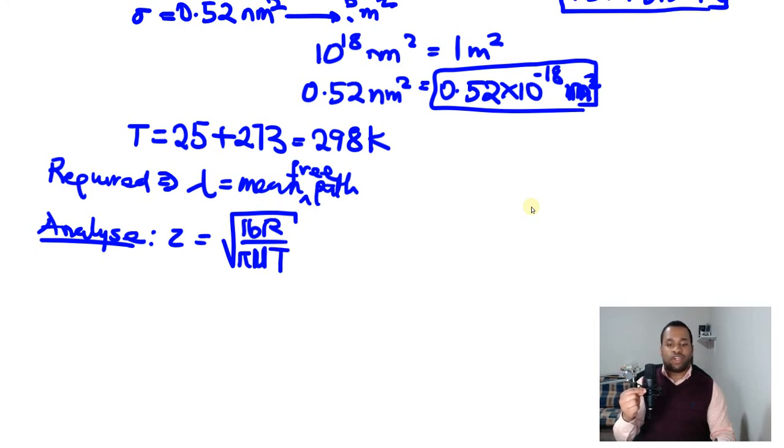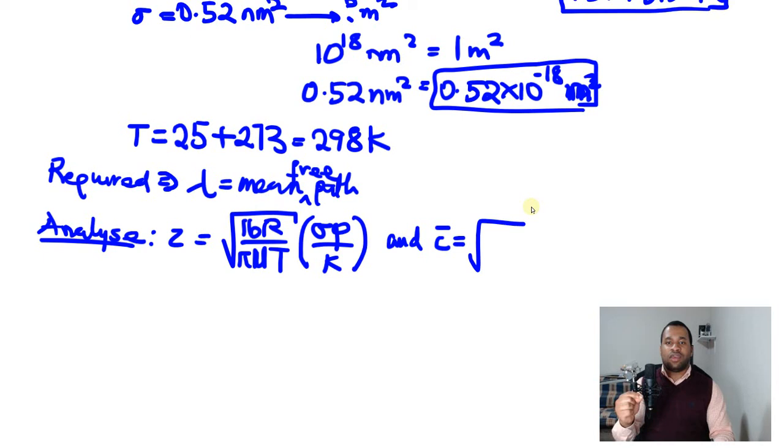All this is multiplied by our cross-sectional area times the pressure divided by the Boltzmann constant. We also know that our mean speed is equal to the square root of 8RT over pi m.